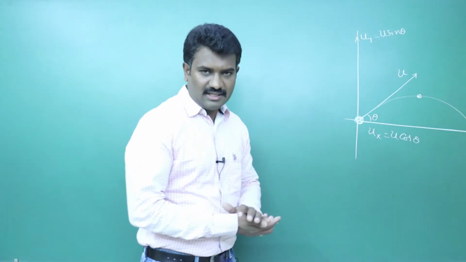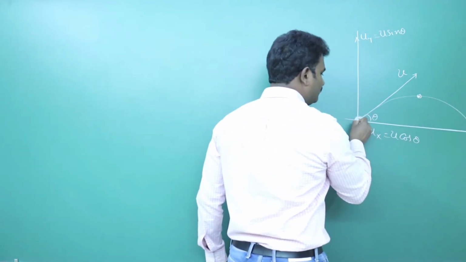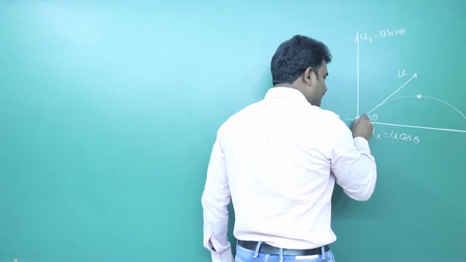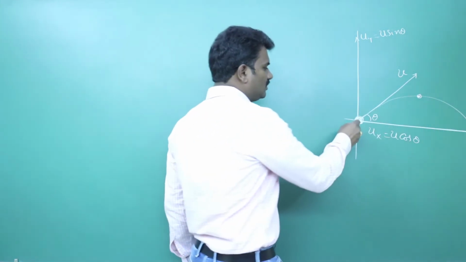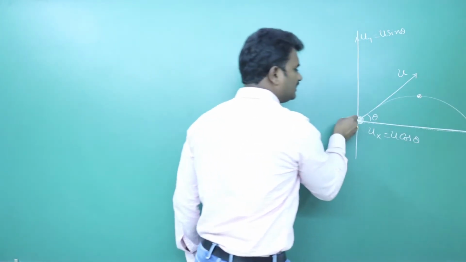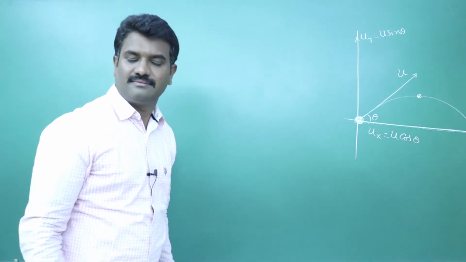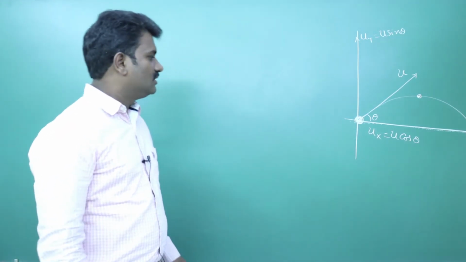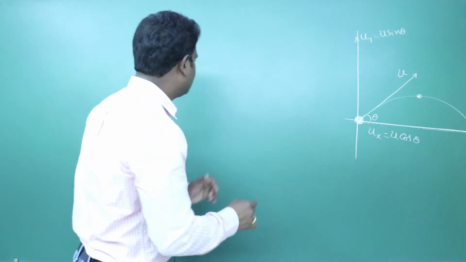So the body starts here and ends here. The time taken by the body from here to reach this point is known as the time of flight. During this time of flight, how far it travelled along the horizontal direction is our horizontal range. So horizontal range is nothing but the displacement along horizontal direction.